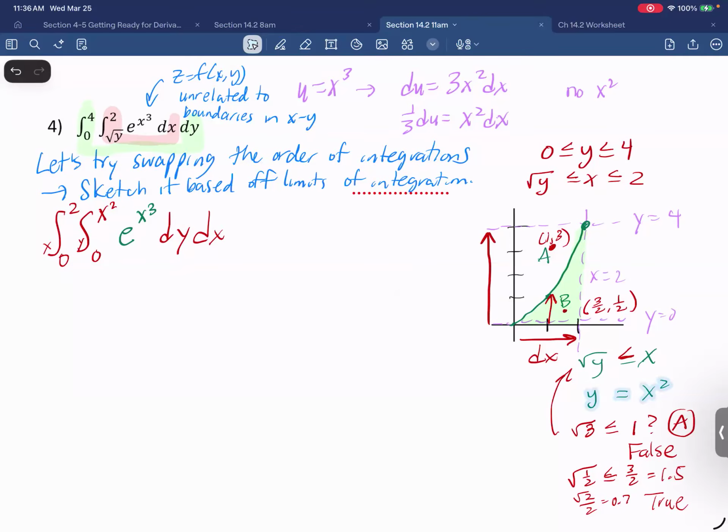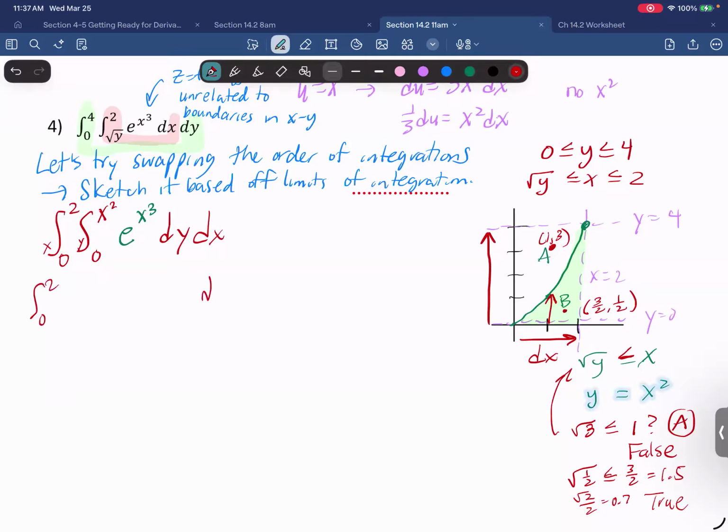Does this help us? I don't know yet, but we are integrating with respect to y first, and e to the x cubed is a constant with respect to y, which means doing the inner integral, we've got 0 to 2, and we've got dx, and it's going to be e to the x cubed times y, evaluated from y equals 0 to y equals x squared.